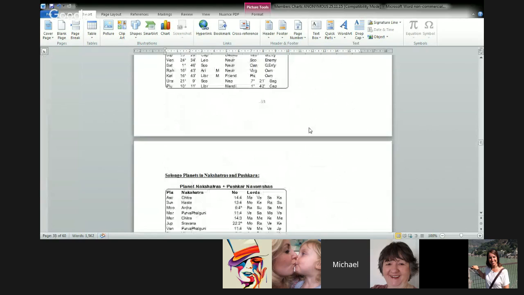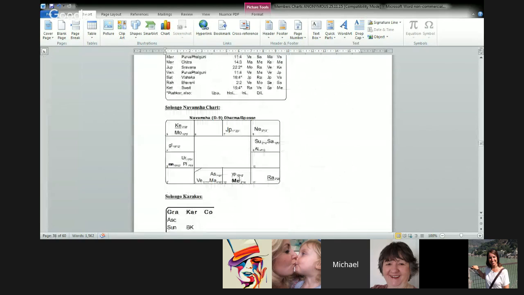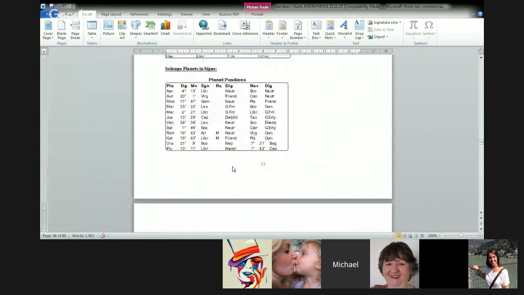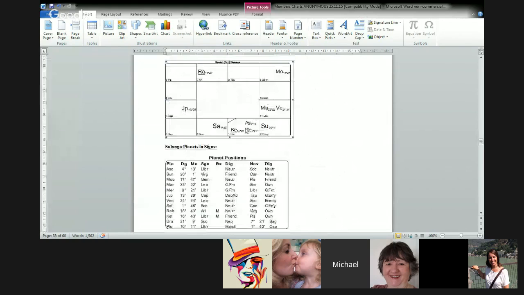So Mercury is Vargotama in the 12th house, and it's in the 1st house, Libra, like Maggie. Indeed, Solongo has Jupiter most deeply fallen in Capricorn 4th, like Maggie.